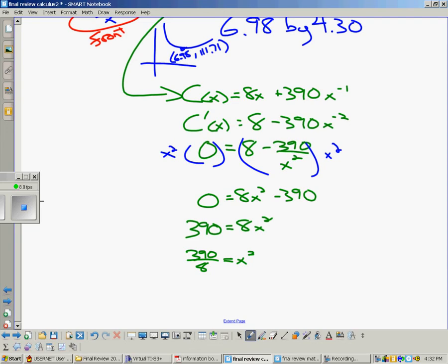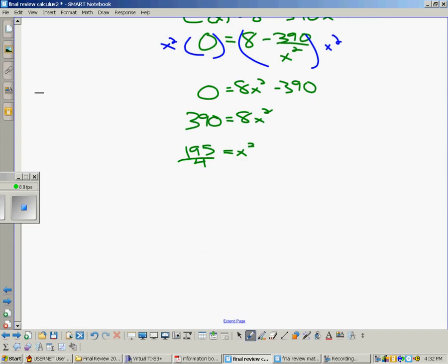Hold on, those are both even. Let's simplify or reduce: 195 over 4. Okay, and then we're going to solve by square rooting both sides. It's an equation, so we should consider both positive and negative cases. So positive or negative root 195 over root 4, which is just 2.